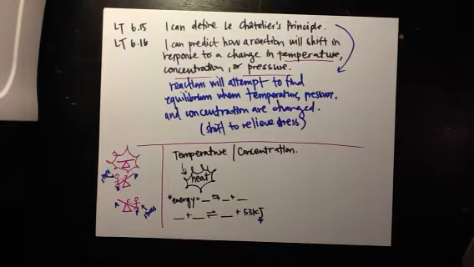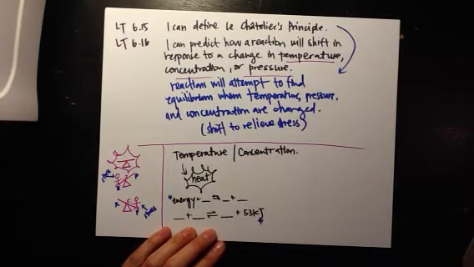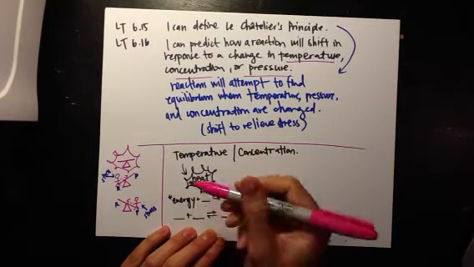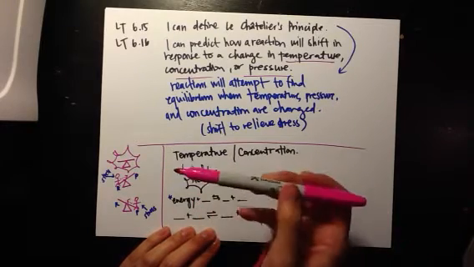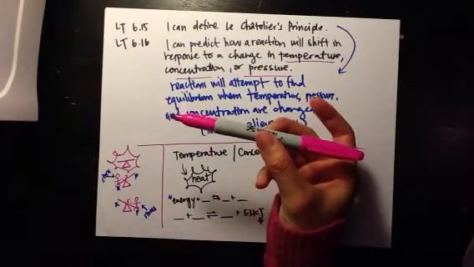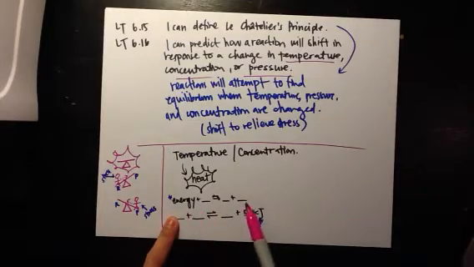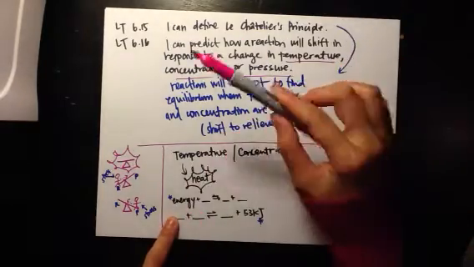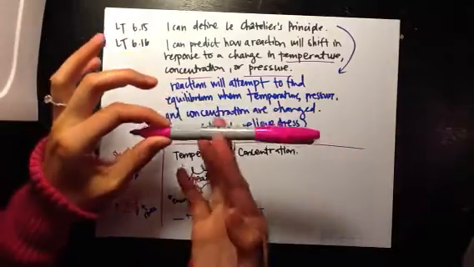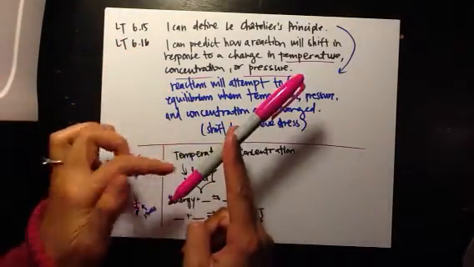So for this top one, it would look a little bit like this. So if I increase the heat, or sorry, if you increase the temperature, you're going to increase on the side with the heat. So if I'm looking at this question, your heat or energy is on the left, so this side of my really cool seesaw is going to go down, right?